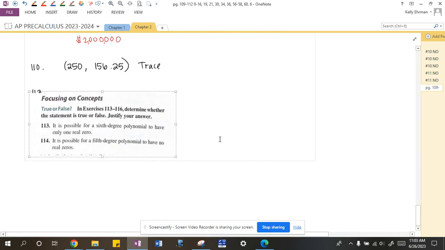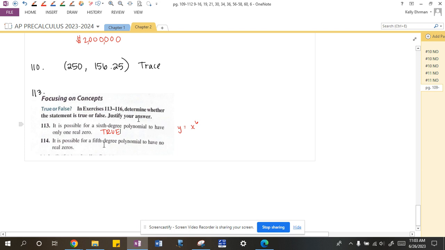Is it possible? If you can think of an example, then that should work. X to the 6th, isn't that one real zero? 0 is the only zero, to the 6th degree. So yeah, that's possible. It doesn't always have to be true, but it's possible.